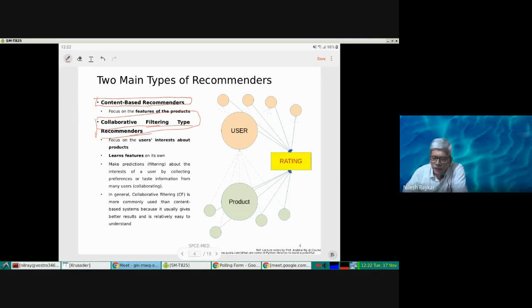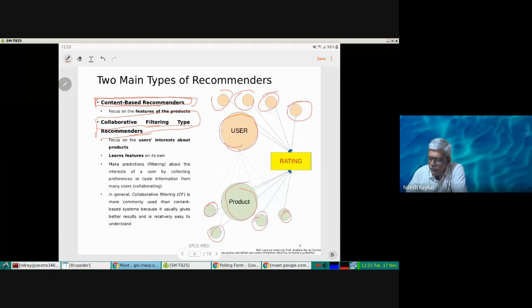The first recommender, that is the content-based recommender, looks at the first aspect, that is you have two dimensions of the recommenders. One is there is a set of users. So all these orange color are users, and there are a set of products.